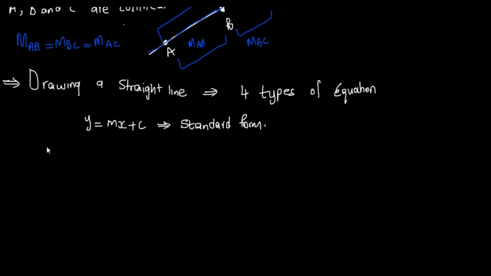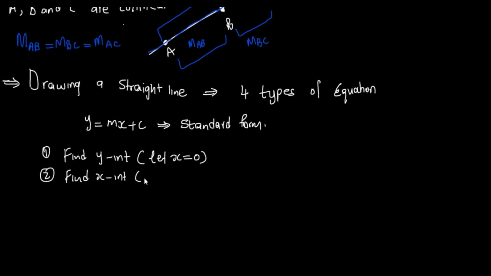Step number 1, you need to first find the y-intercept. How do we find the y-intercept? You let x be equal to 0. Step number 2, you need to find the x-intercept. Then you need to let y be equal to 0.